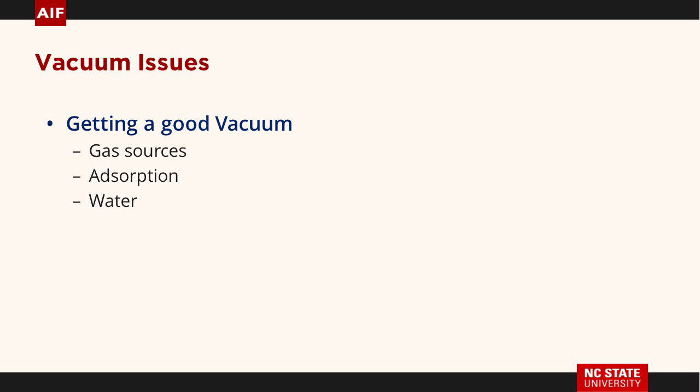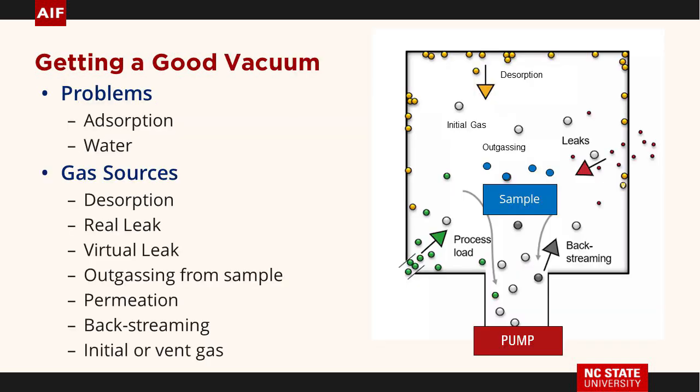What are your issues with getting a good vacuum? Gas sources, absorption, and water. What are your sources? Well, there are all kinds. You can have something desorbing from a surface. You can have a leak in your chamber. You can have a virtual leak.